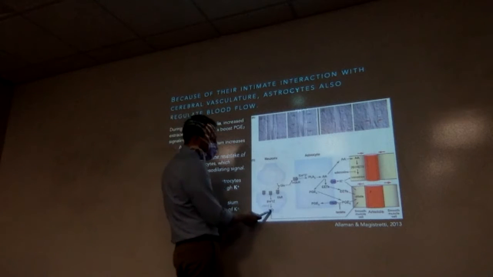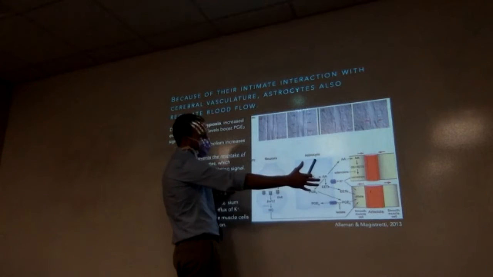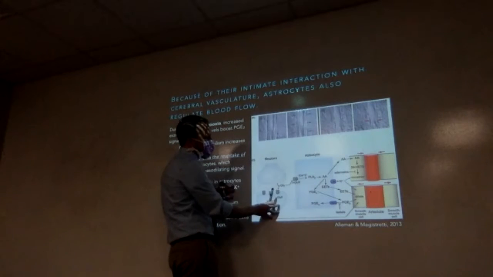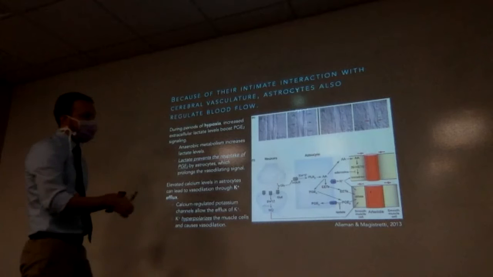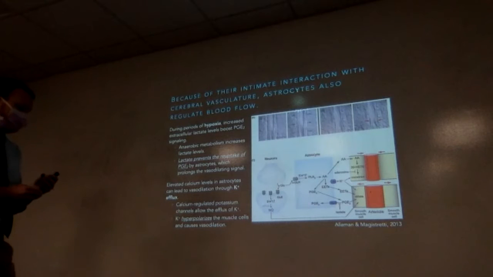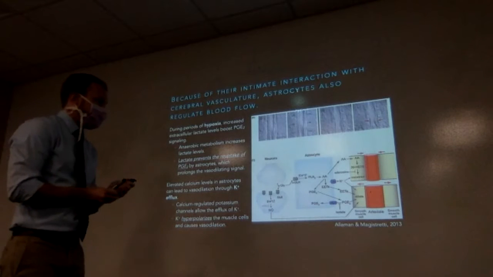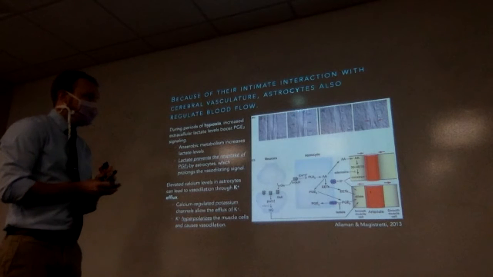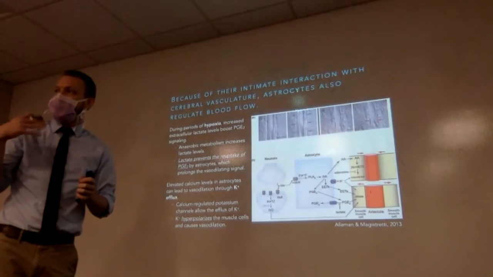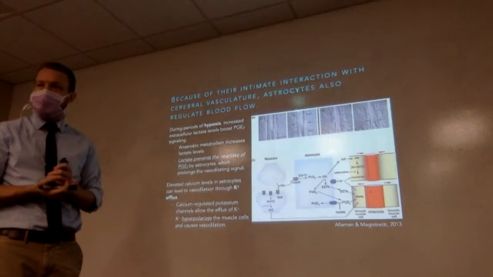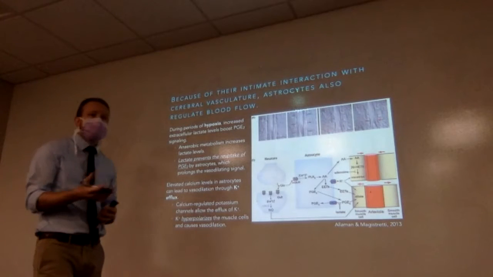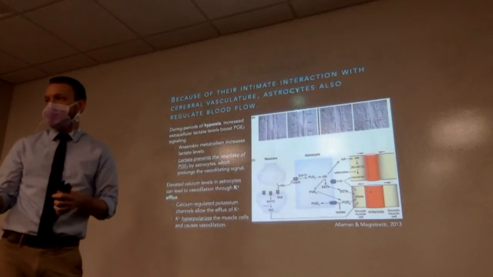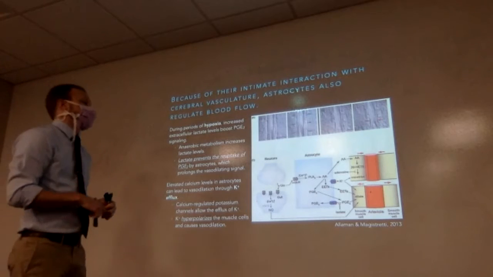If they make nitric oxide, this just diffuses freely through membranes. And nitric oxide is going to be a vasodilator. So it's going to affect the ability for myosin to bind to actin in smooth muscles. Smooth muscles are a little different. It's not so much about calcium, it's about post-translational modifications to myosin.